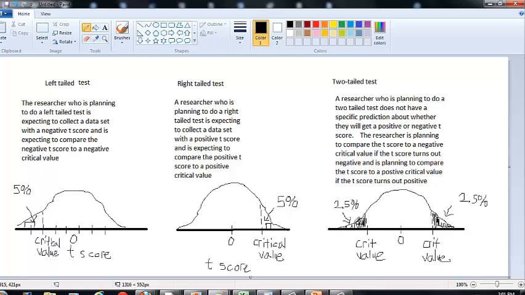If both rejection regions were 5%, then 10% of the total area would be a rejection region, and it would be too easy to reject the null hypothesis. So in order to keep it from being too easy to reject, you have to make your two rejection regions smaller. They can only be half the size as this rejection region that's used in a right-tailed test or a left-tailed test.